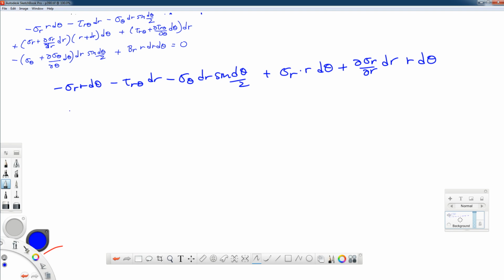We are going to have a plus sigma r dr d theta. We're going to have a plus partial of sigma r with respect to r dr d theta.